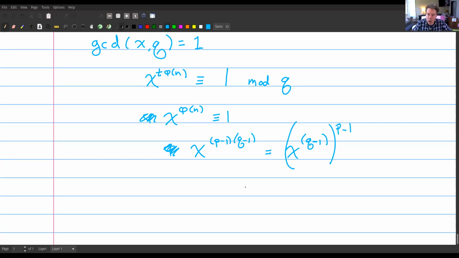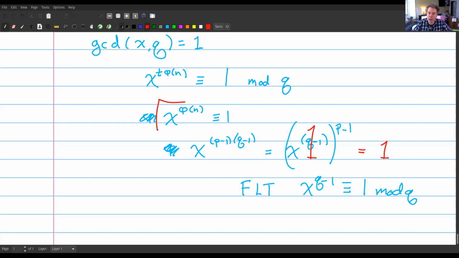And now by Fermat's little theorem, x to the q minus 1 is equivalent to 1 mod q. So the stuff inside the parentheses is really just 1, and 1 to the p minus 1 is 1.